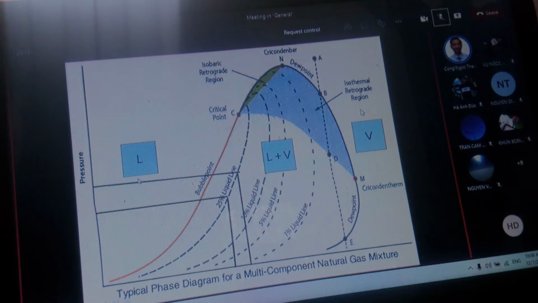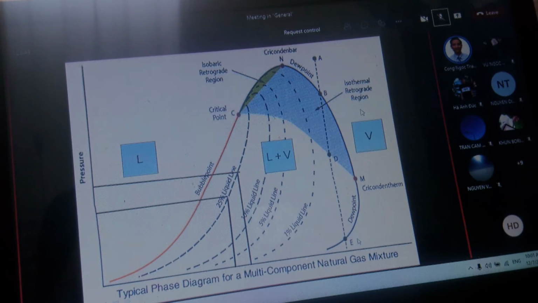You also remember the quality lines here, which show 25, 10, 5 or 1% of liquid, and so on.